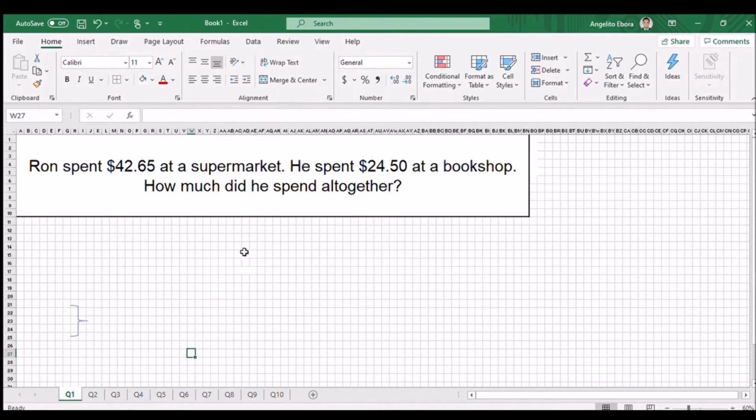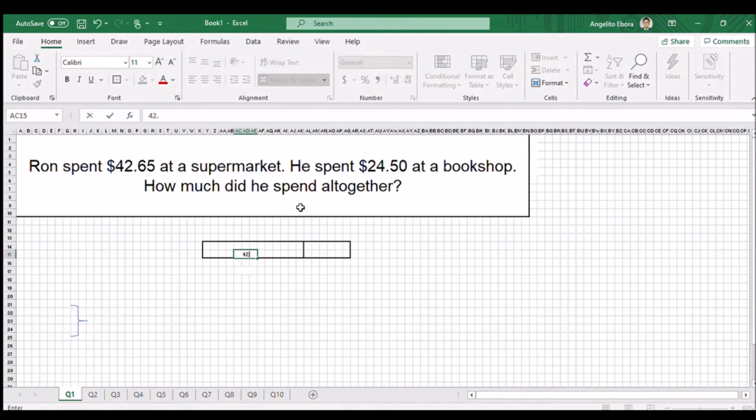So if we are required to draw the model, here's the model. This one is for the supermarket, and this one is for the bookshop. Okay, so how much is it? $42.65, while the other one is $24.50.